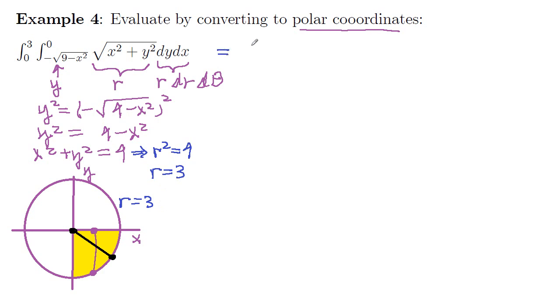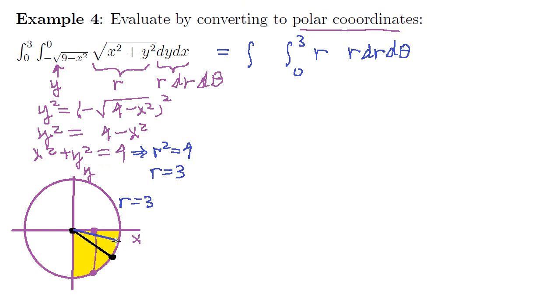So this will be the integral, r is the square root of x squared plus y squared, dy dx is r d theta. That's our polar rectangular area. And then our r limits, 0 to 3. And then we let that segment sweep over the region. So here's at theta equals 0. Here is theta equals negative pi over 2.